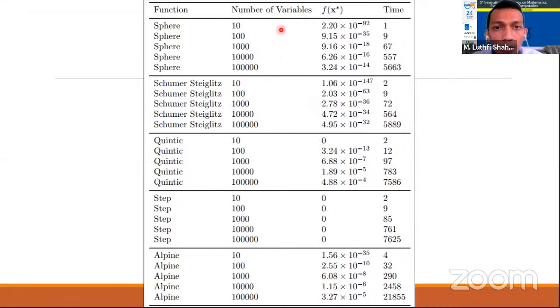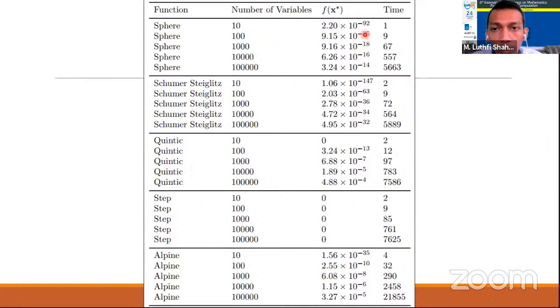This is the result of our research. So for the sphere function with 10 variables, the function value we found by the GA is like this, you can see.